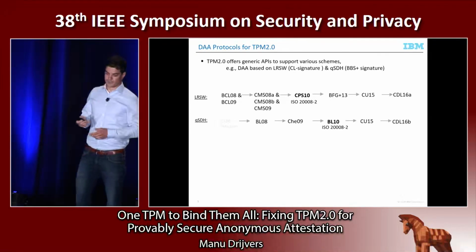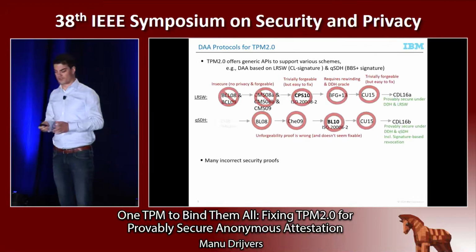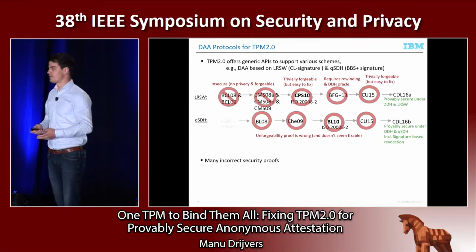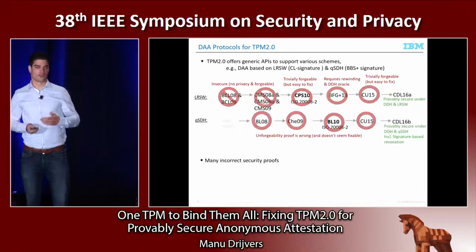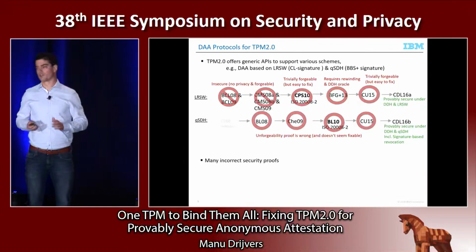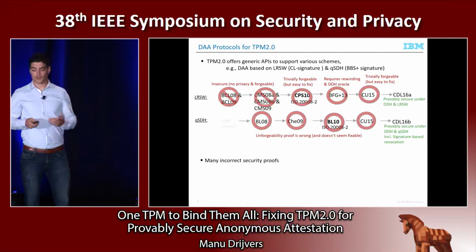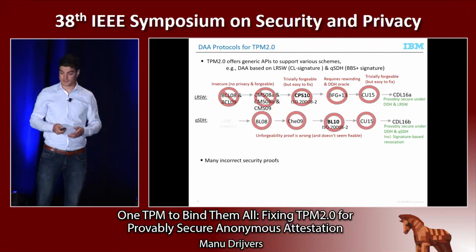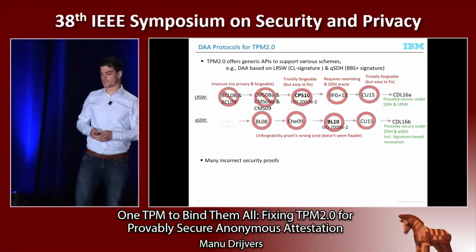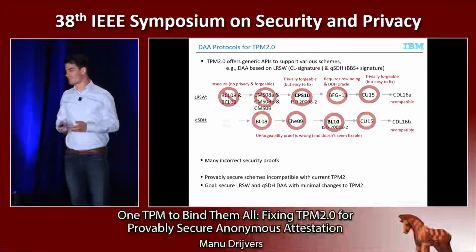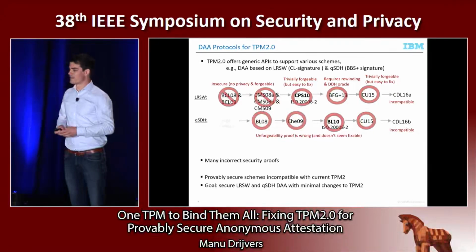Unfortunately, previous work showed that almost all security proofs in these schemes are actually flawed and do not prove the security. Some of them are actually forgeable, others we're not sure, but there's no proof that this is secure. Now there are two schemes that have security proofs that seem valid, but they are actually also problematic. They are sort of incompatible with the current TPM.